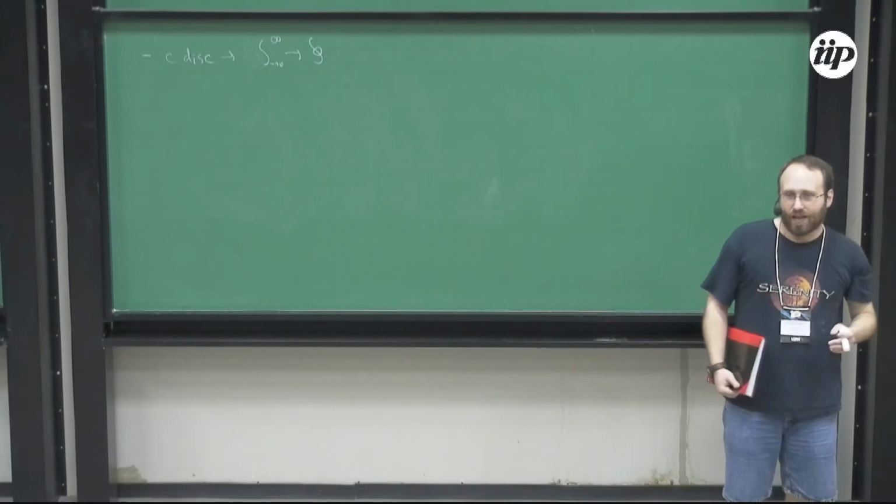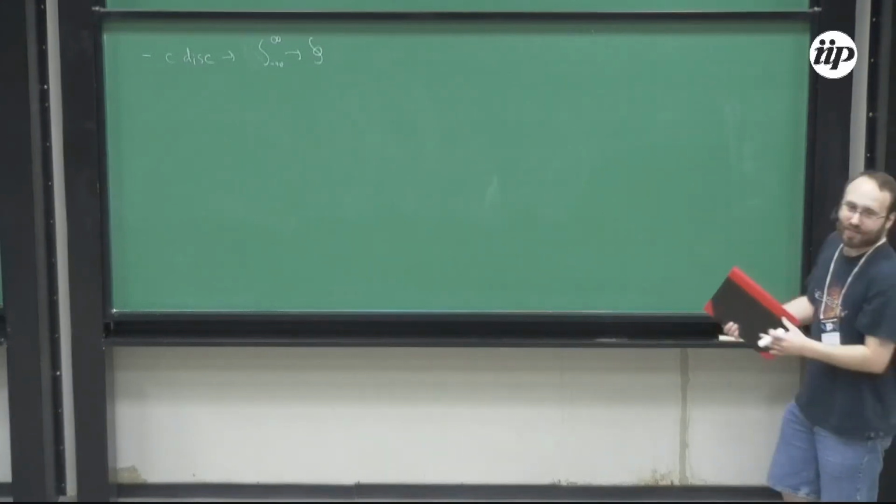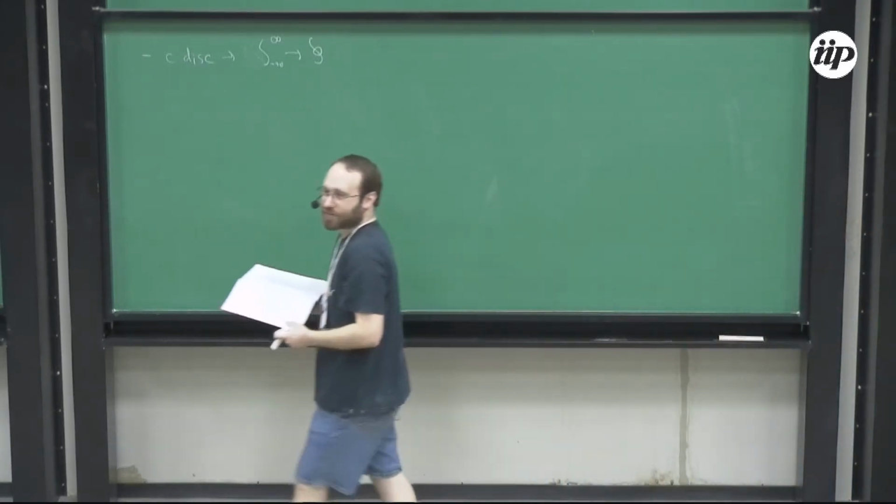And so when you're looking at the C discontinuity, then you can pick off any given contribution to it by Taylor expanding, and by just looking at the Laurent series.